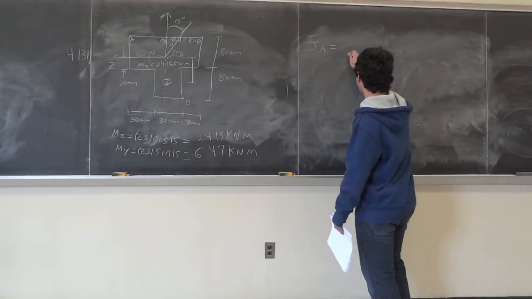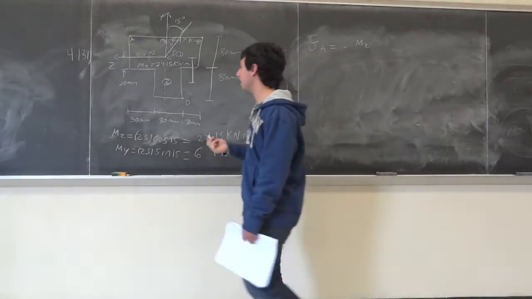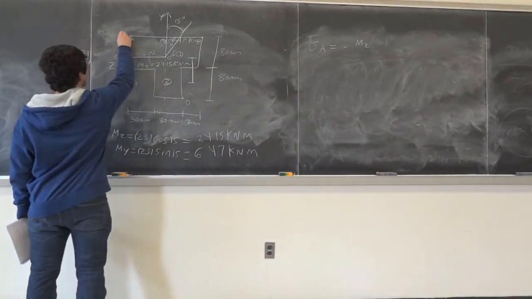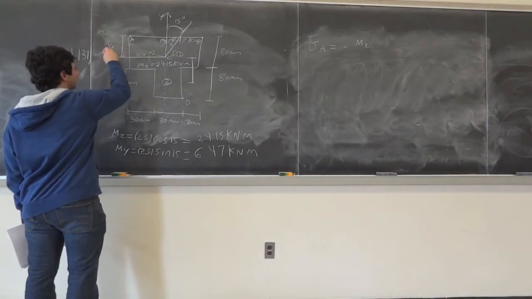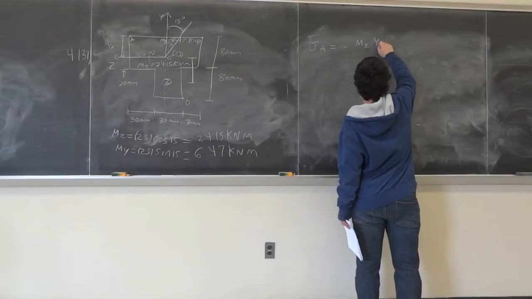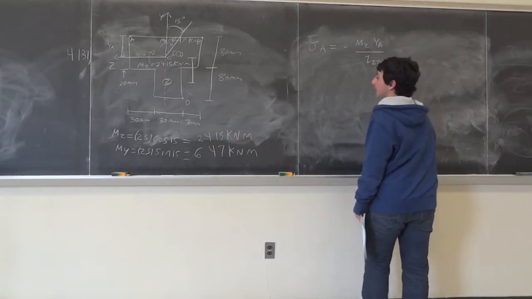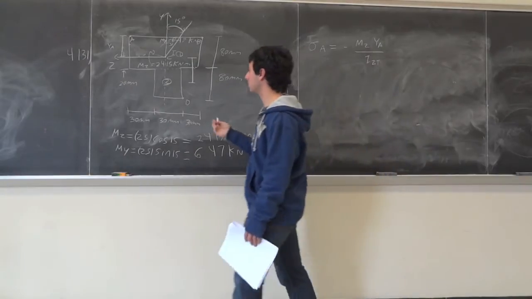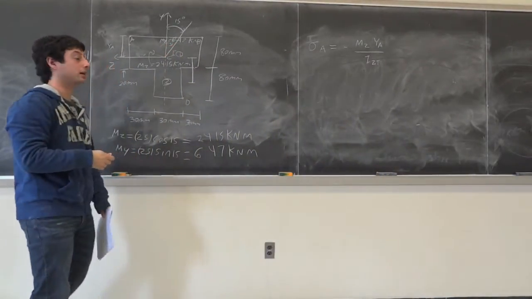Yeah, exactly. So it's minus Mz, okay, and the distance is what? It's just this distance over here. I'll call this ya, which is 60, okay? This is ya over Iz total, okay? And there's also going to be a moment around the y-axis, which is going to cause what?